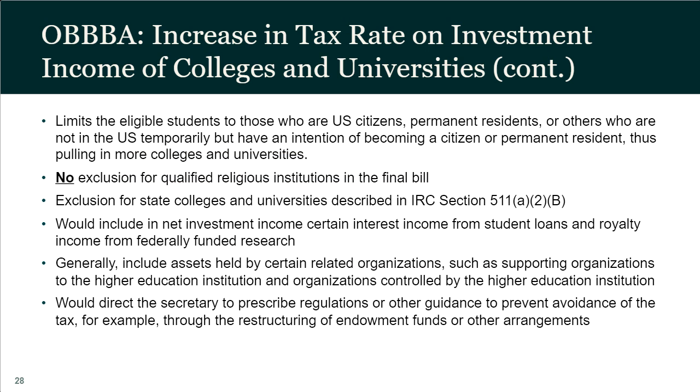That was something that was talked about. It does limit eligibility of students to citizens, permanent residents, or others who are not here temporarily but have an intention of staying. There is an exclusion for state colleges and universities. As I mentioned before, there are two new revenue pieces in the investment income, one being the interest income from student loans, the other royalty income. And then we touched on the other part.